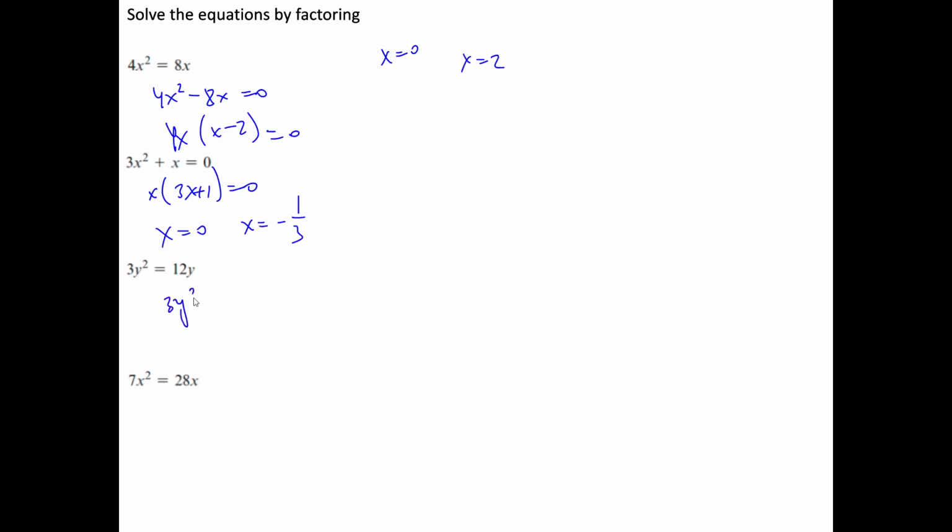This one, 3y squared minus 12y equals 0. It's very tempting to what? To simplify. But if you do, you might lose the, I'll show you. Okay, y minus 4, right? Yeah.